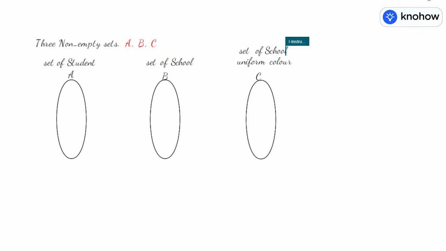Now let A consist of students a, b, c, d, e, f. Set B consists of schools, say DAV school, Indian school, DPS school, Army public school, and a government school.